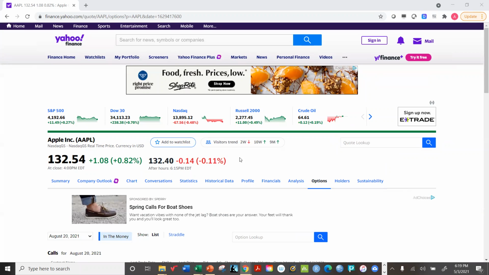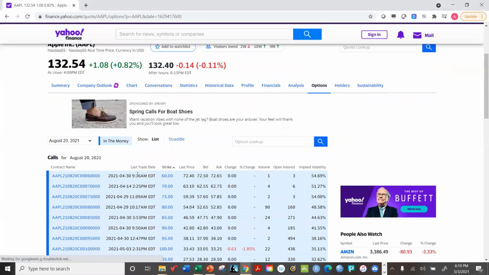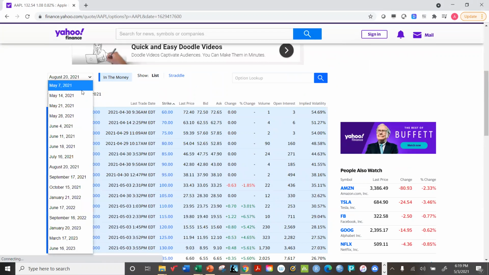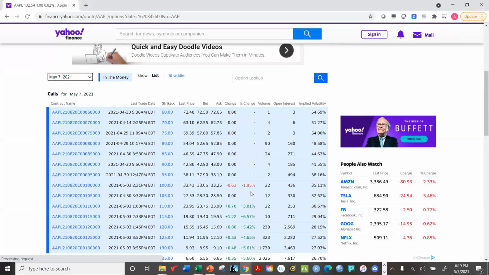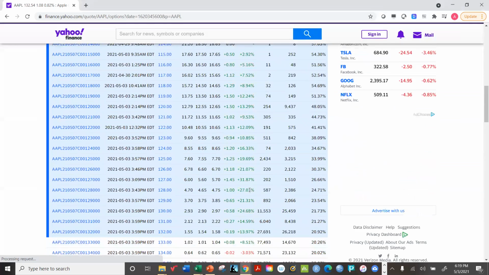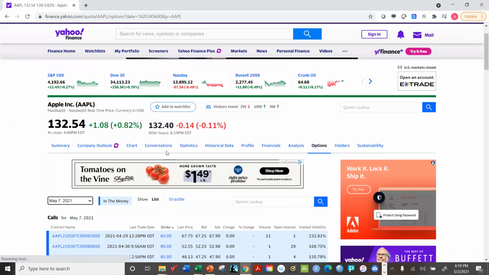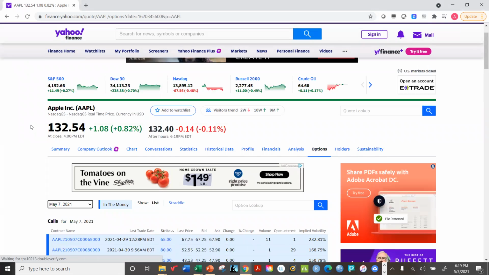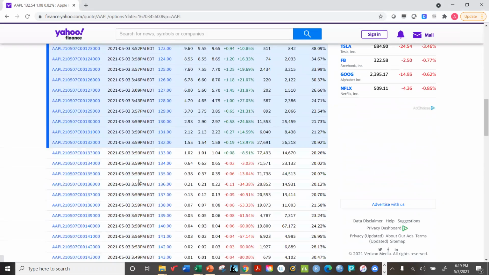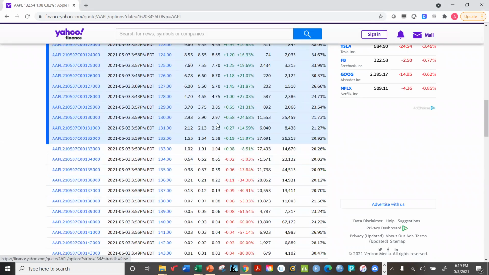And what I'd like you to notice here is that if we look at the options, let's try this. Let's go back to this group, the group that's going to expire on Friday, and let's pick a strike like 130. And if you look at the price of this option, compared to today's actual price of the stock, which is about 132.54, well, you would figure the price of the option is going to be at least 2.54.